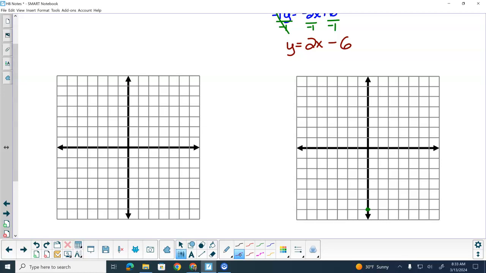So what would be my other? Up, how many? 2, and which direction for the run? Right, how many? 1, yep, so I go up 2 and right 1. And then I would draw in my line.